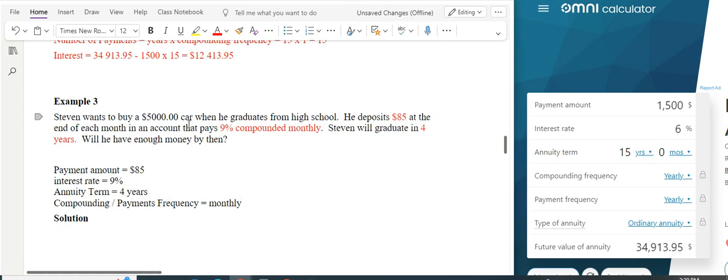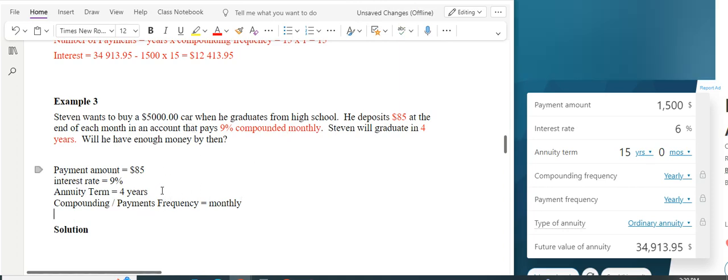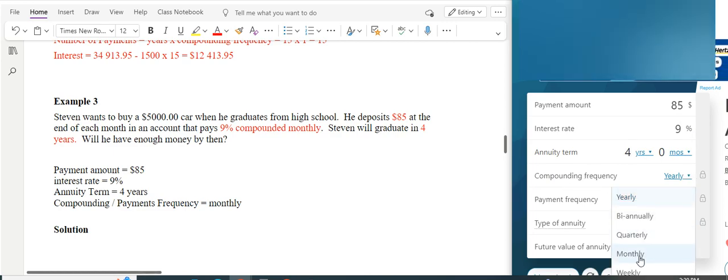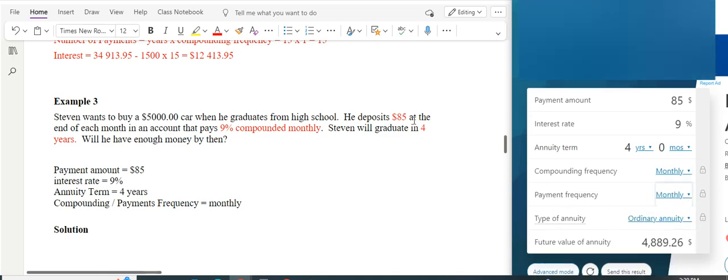Okay, and so let's see what we're going to do then. Over here, for the payment amount, we're going to put in 85. The interest rate is going to be 9. The number of years is going to be 4. And for our compounding frequency, we're going to change it from yearly to monthly and change the payment frequency from yearly to monthly.